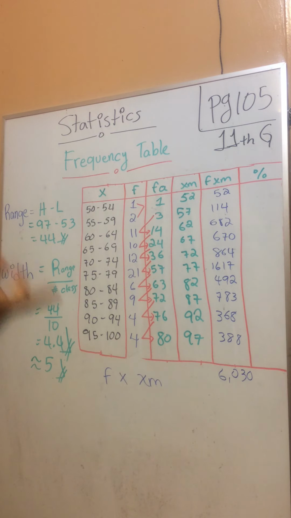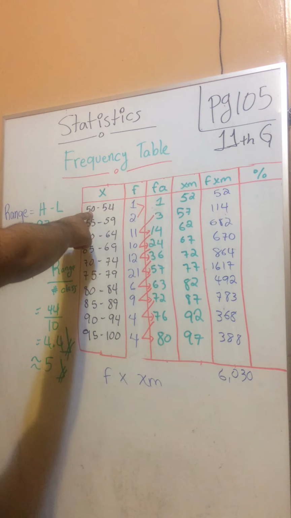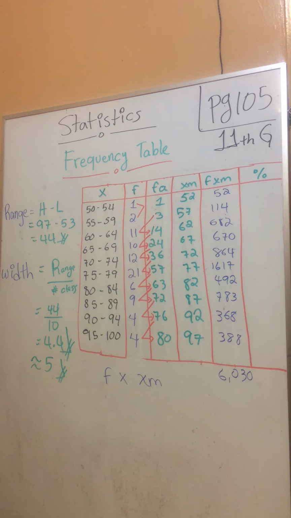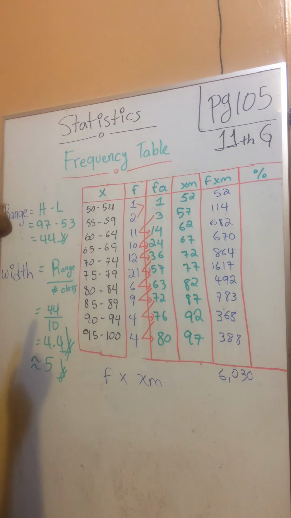This is when we ask the question: what percentage had between 50 and 54? How much of a percentage of all the students had a grade from 50 to 54? So this is a percentage so that we can know the percentage of each group.